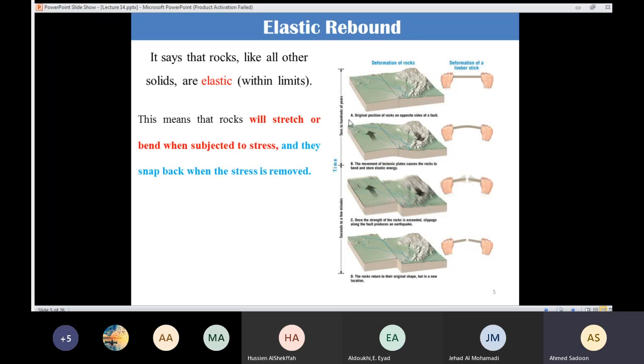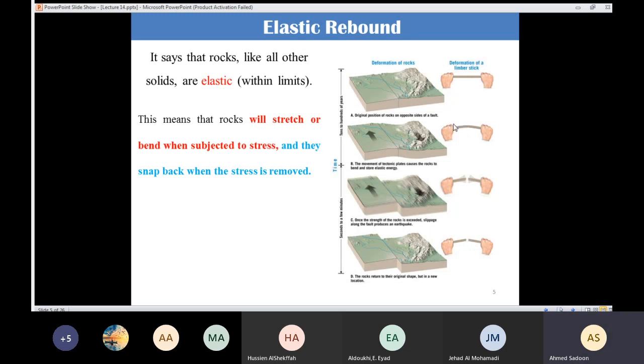We are going to build up stresses. And as you can see, we have deformation here. The rock here is not like the original one because of the stress. So if you have a stick of wood like this one, if you try to bend the stick like this, we are going to see deformation.